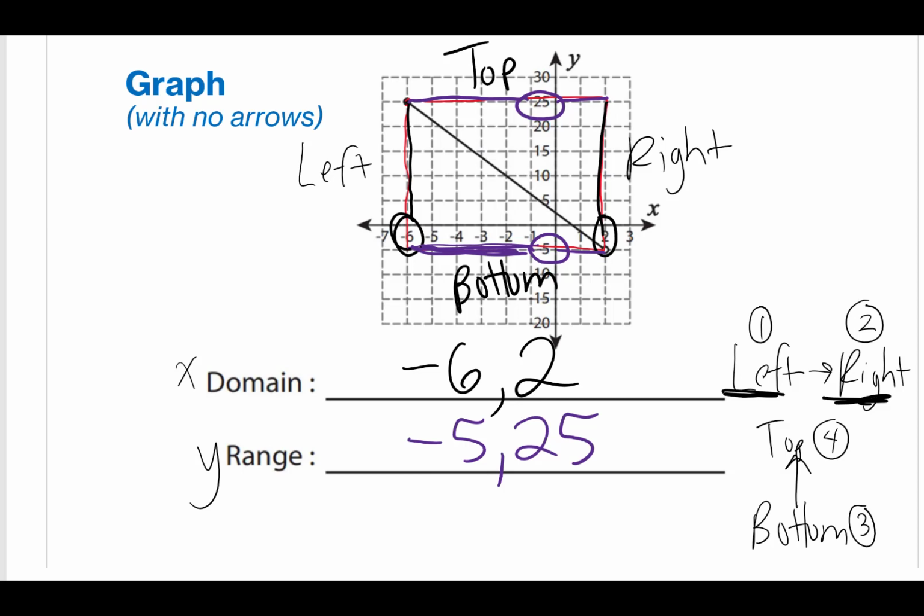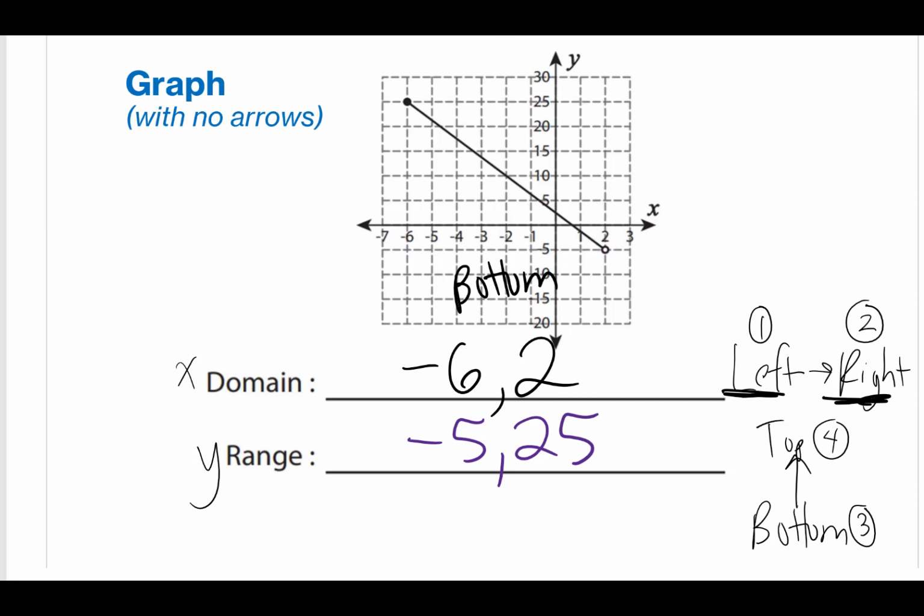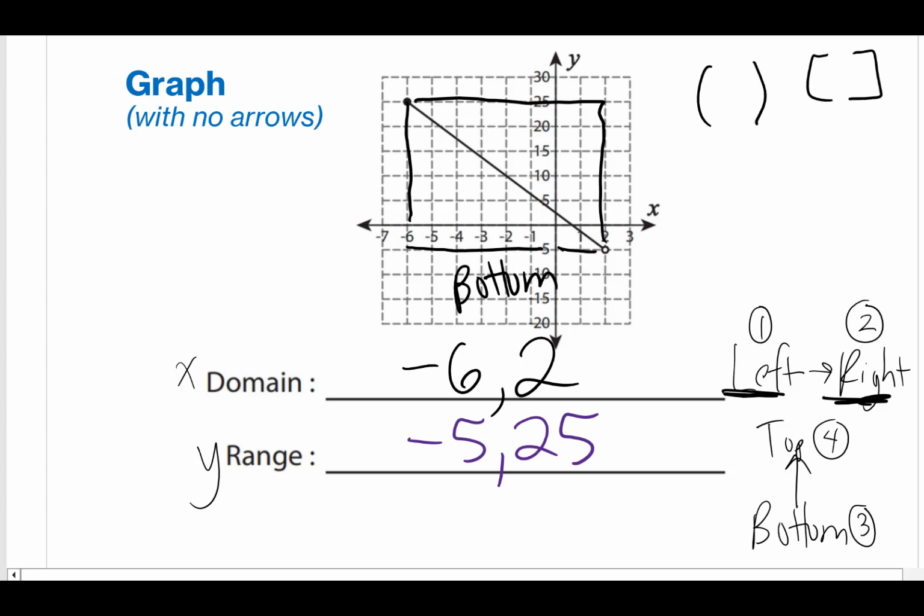Okay, now for the next part. La siguiente parte necesitas identificar si necesitas usar parentheses or brackets. So the next part, you need to identify if you need to use parentheses or brackets. Remember, parentheses is for open points, brackets is for closed points. So first we're going to look at the left side, right?